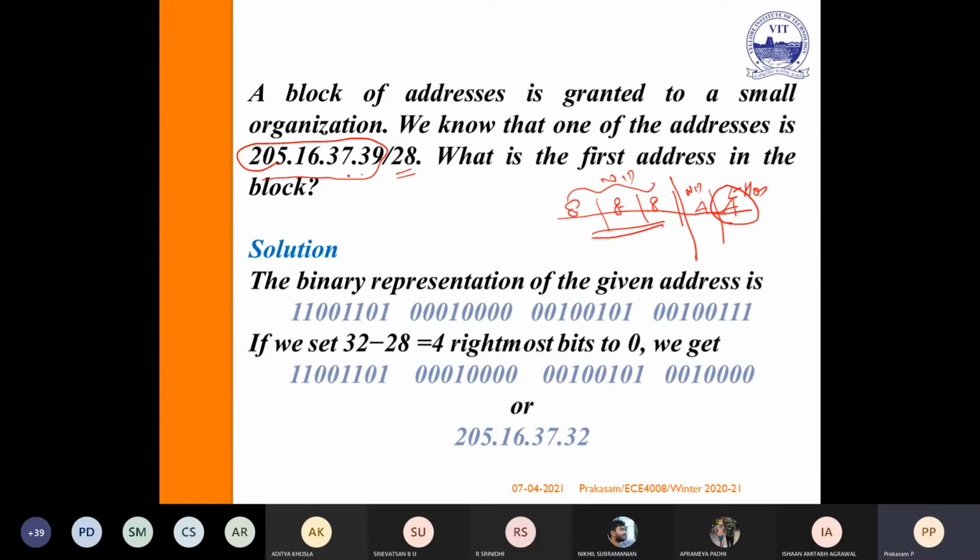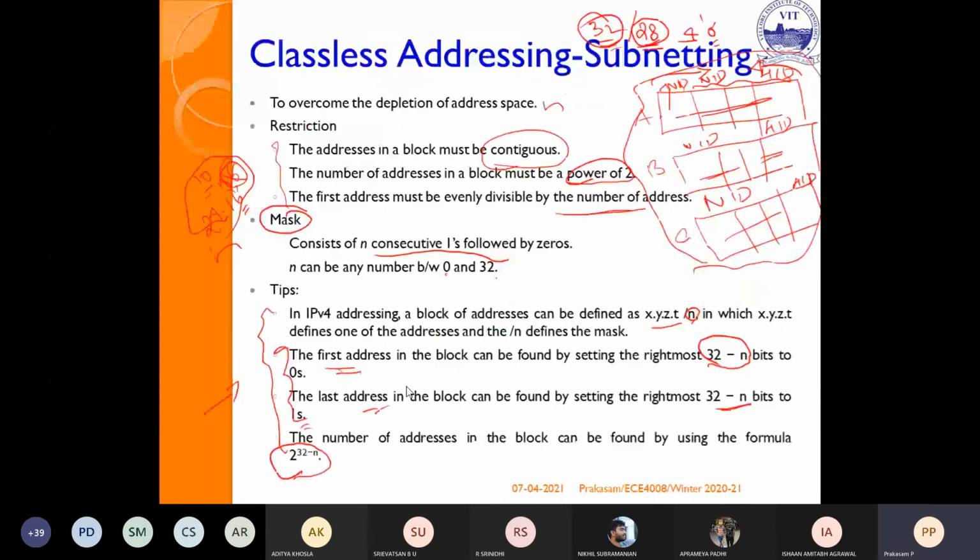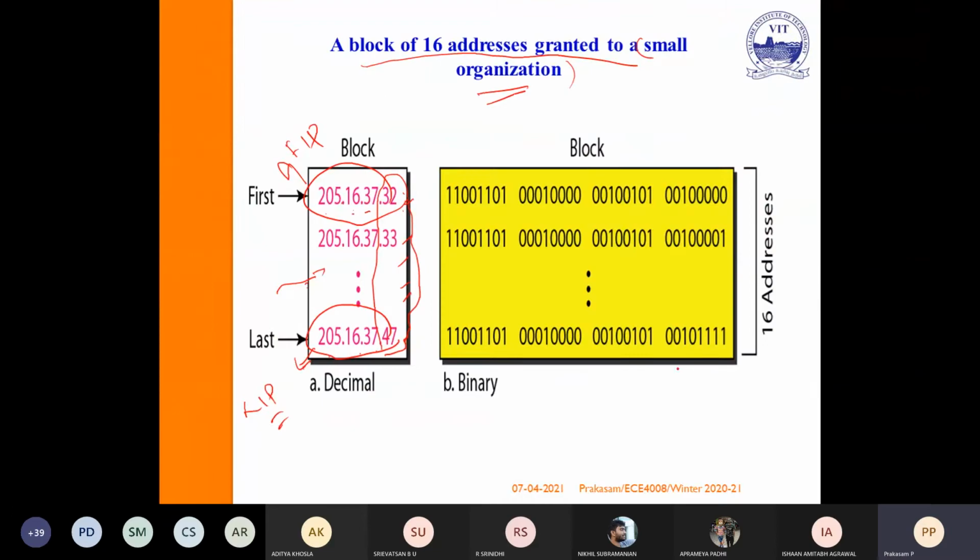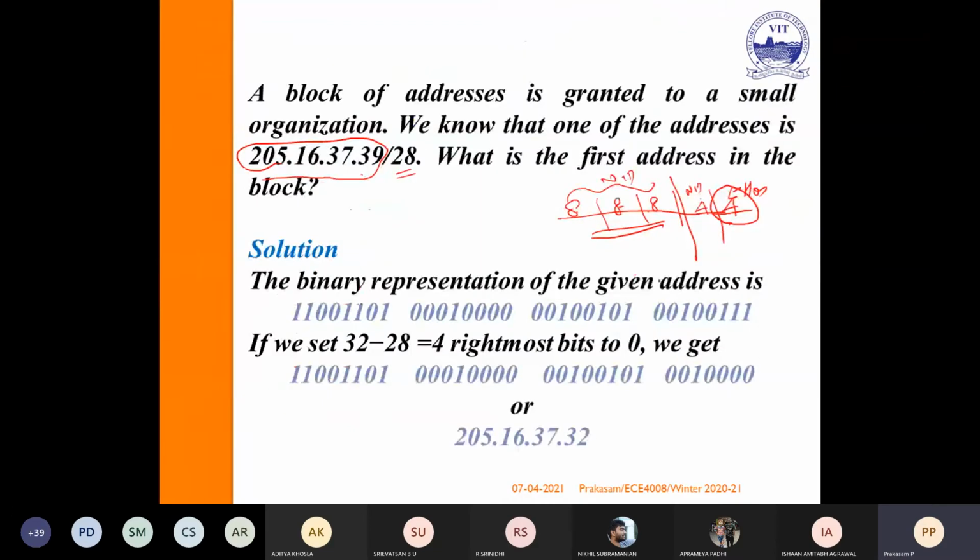The first address in a block can be found by setting the rightmost 32 minus n bits to zeros. Here 32 minus 28 is 4. So in the given IP address, just set the rightmost 4 bits to zeros: 0, 0, 0, 0.